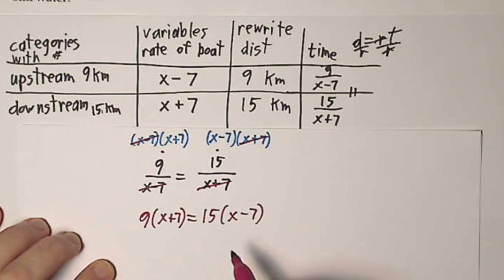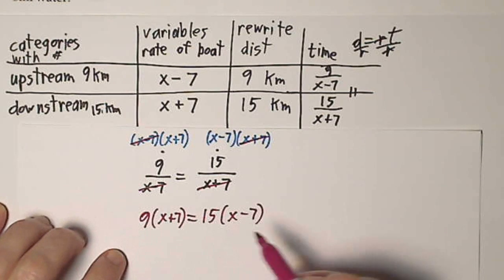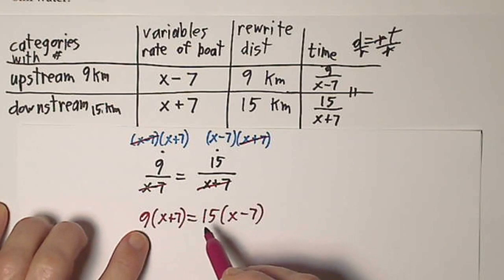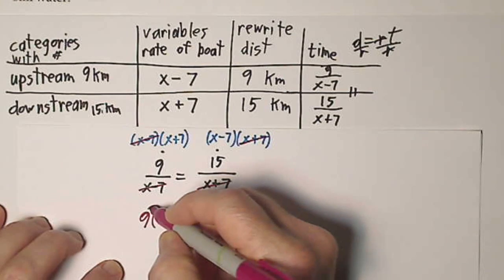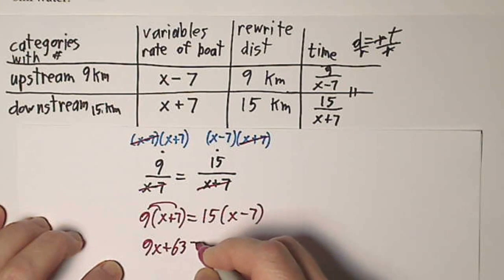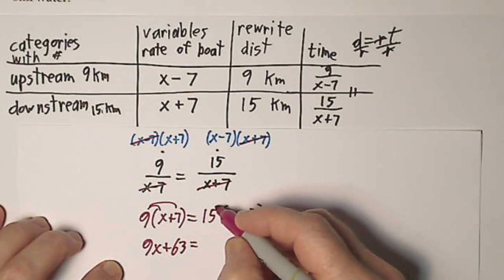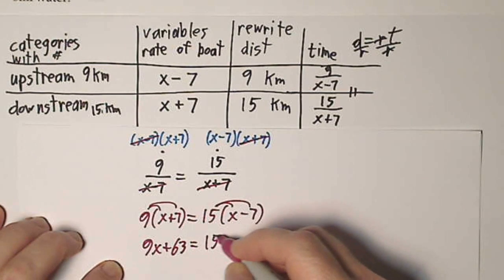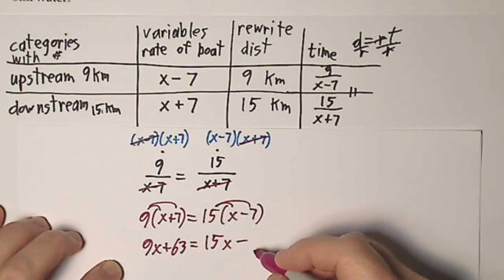To solve for x, we could make these a little smaller, but I'll just stick with what we have. We could divide by 3 and divide by 3. I'll stay with what we've got. So 9x plus 63, and then distribute this. 15x minus 105.